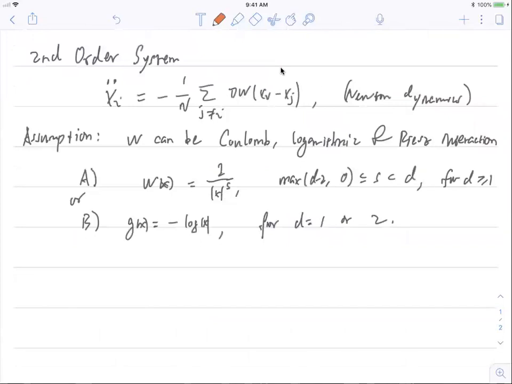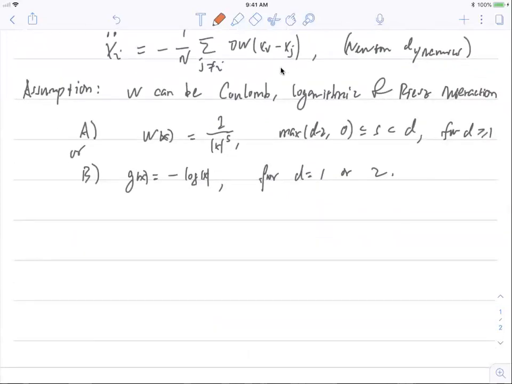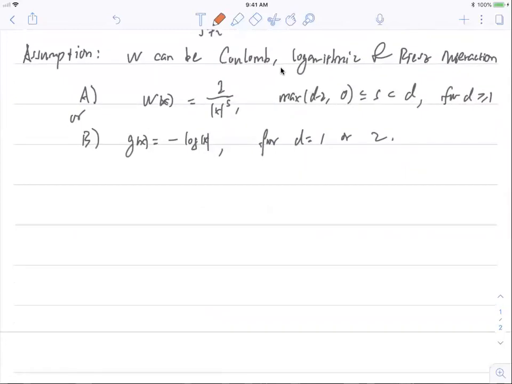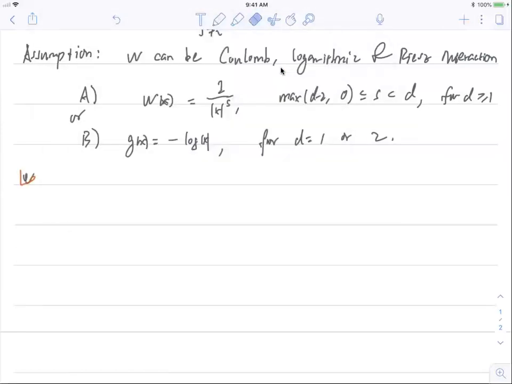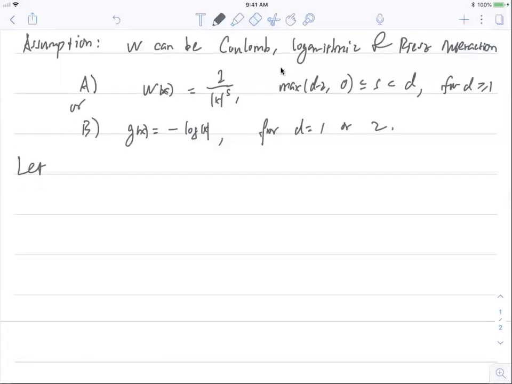So as we know, in the first 4 lectures, formally, if you send N goes to infinity, we just do formal computation. Let mu_N(t) be the empirical measure of the particle system.